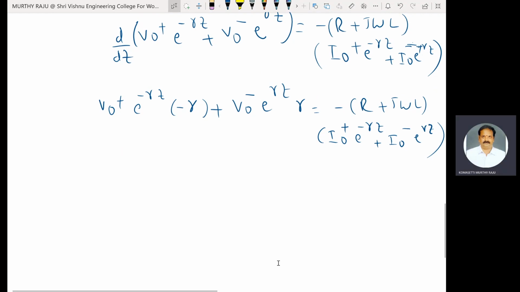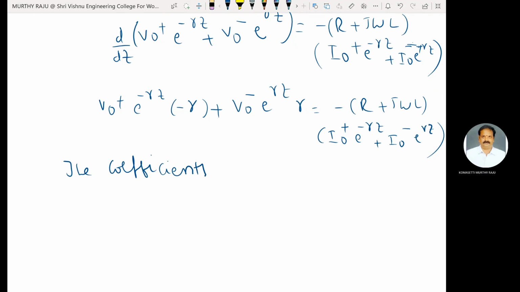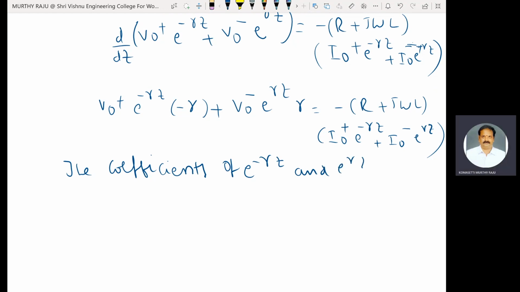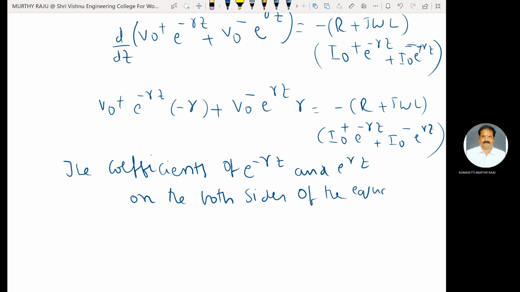Equating the coefficients of e power minus gamma z and e power gamma z on both sides of the above equation.